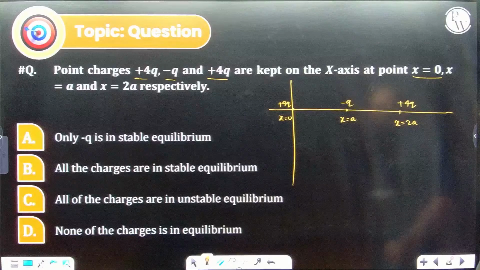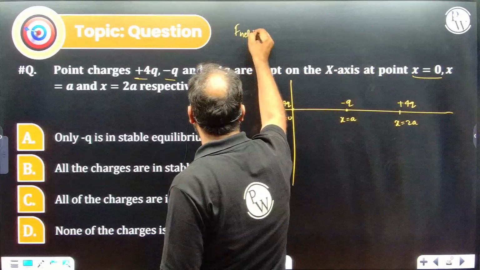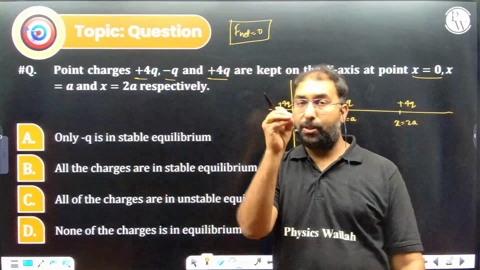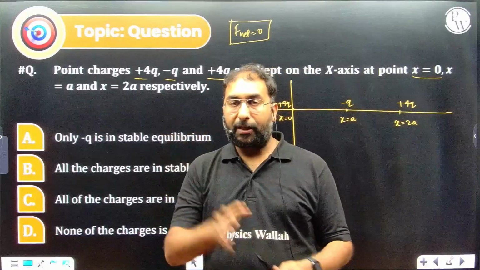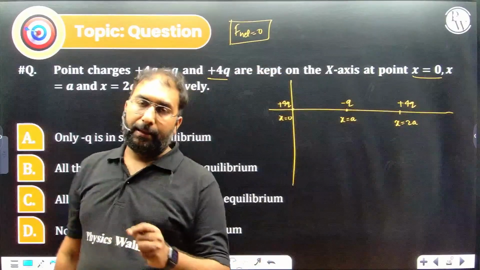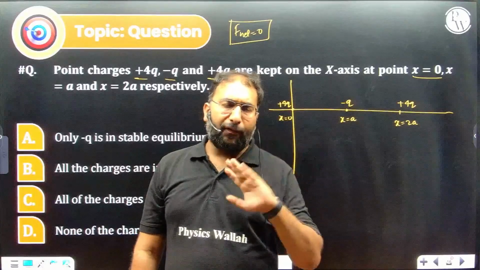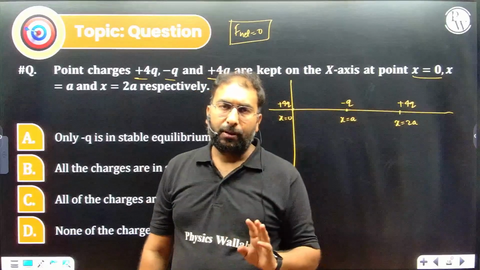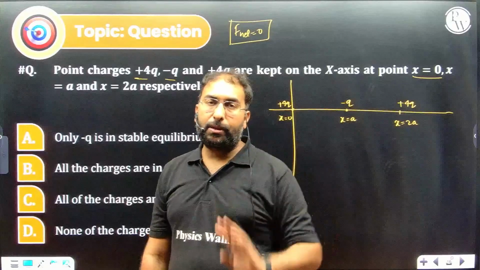So what do you mean by stable equilibrium? Stable equilibrium means the net force should be 0, and if the particle is displaced from its initial position and then it is released, then after some time it should come back to its original position. When a charged particle is disturbed slightly and released, if it comes back to its initial position, then I will call that the charge was in the condition of stable equilibrium.